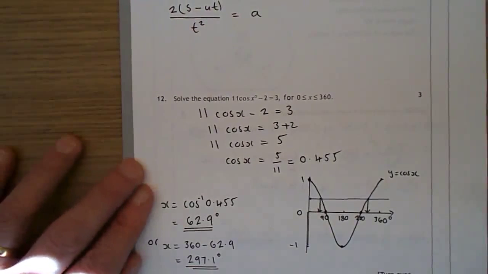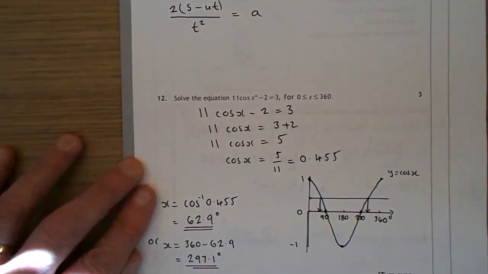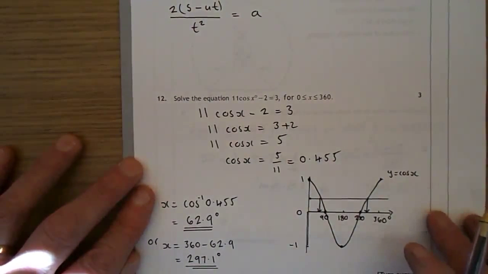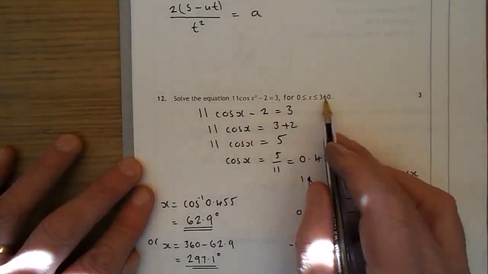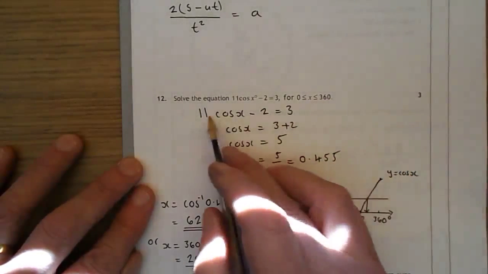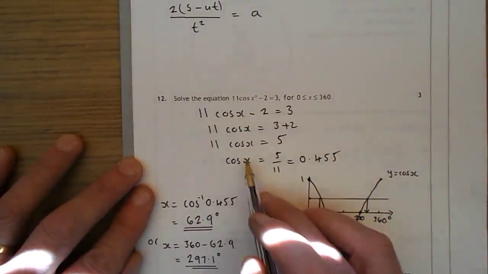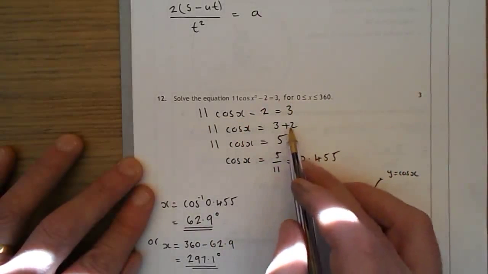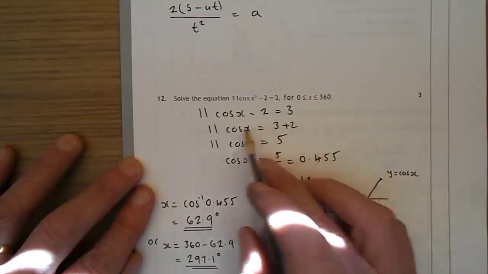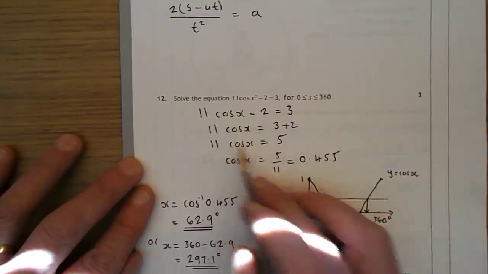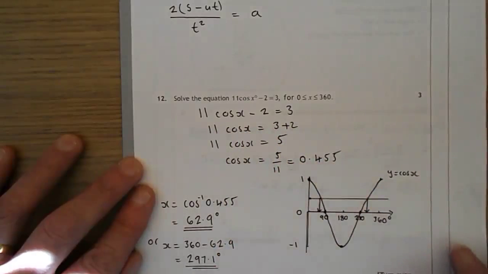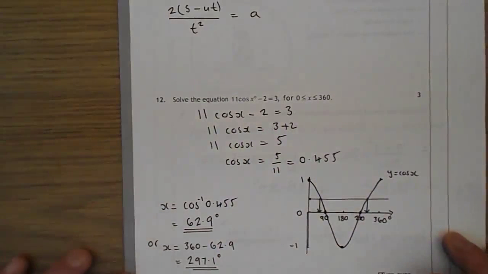Question 12. Solve the equation 11 cos x take 2 equals 3 within the range of 0 to 360. There it is there. We want to get to cos x, so we have to move over the take 2, that becomes a plus 2. 11 cos x is 5, divide by 11, and you get 0.455. So cos of x is 0.455.